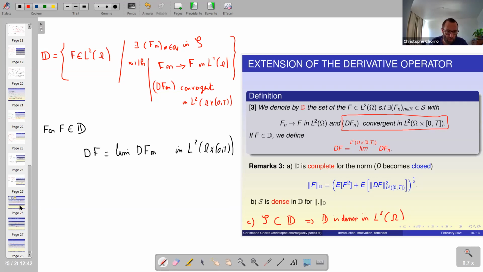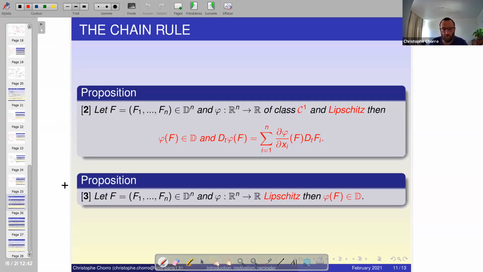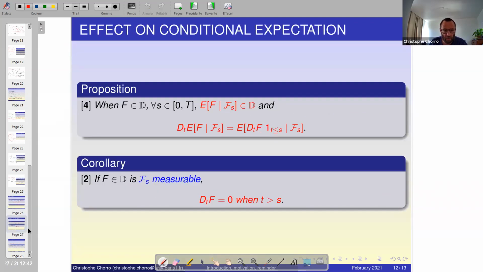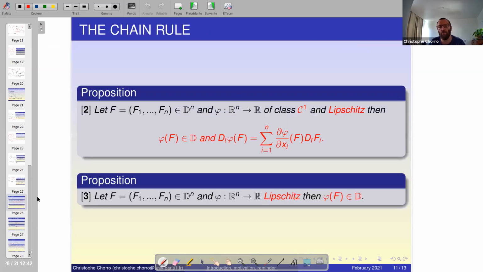So it's what we are going to do now. I am not sure that I will do all the proofs here, so we are going to see several results now. I think that I will do the proof maybe of proposition 2, and I won't do the other proofs because they are a little bit technical, but exactly in the same spirit.